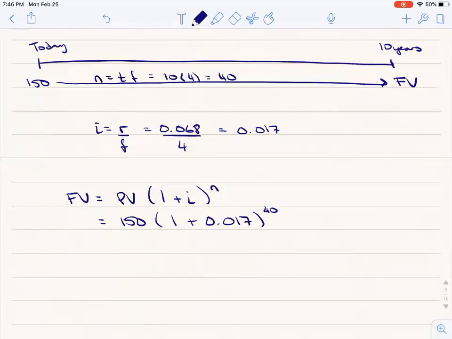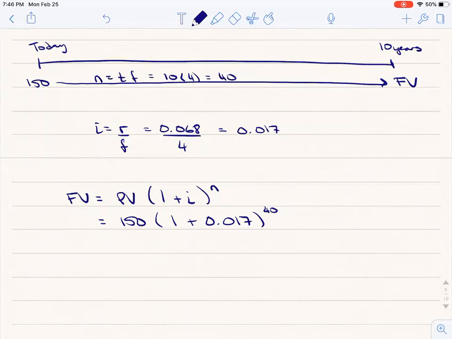If you don't like to do these calculations outside and you just want to do them in here, as long as you show your work somewhere, right, that's okay. As long as you show that I is 0.068 divided by 4, which is 0.017, you could add a couple of lines here in your calculations instead if you prefer that.